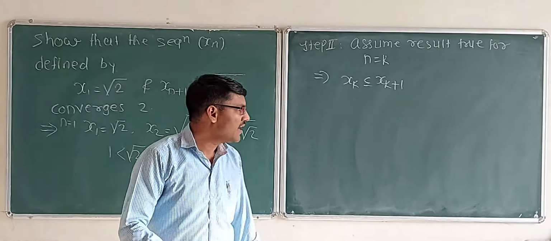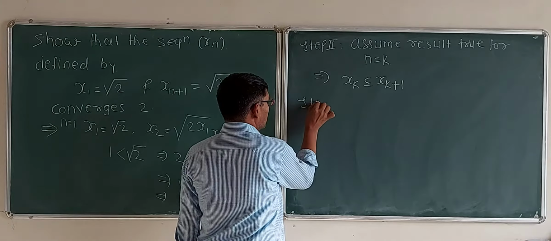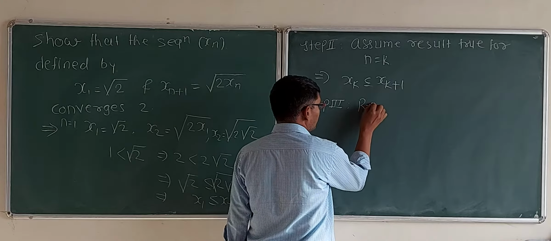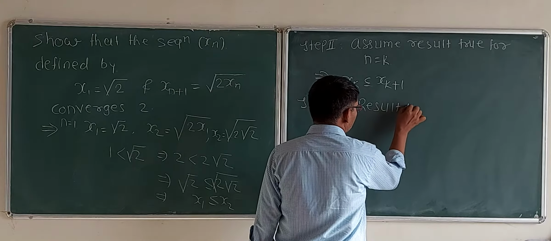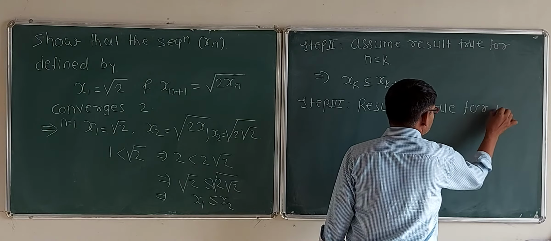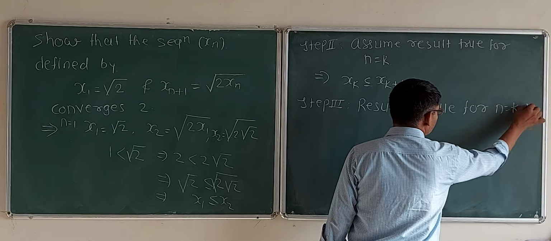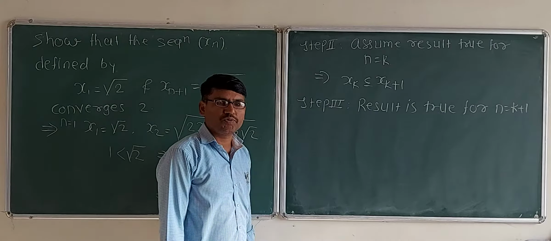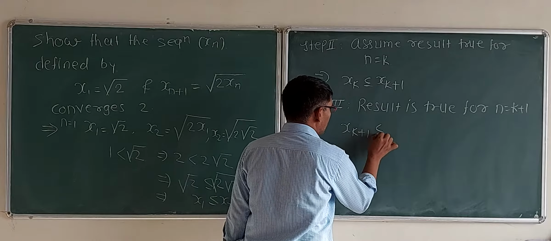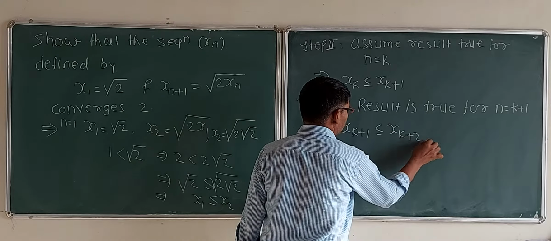We assume this, and in step number 3 we want to show that the result is true for n equal to k plus 1. That is, we want to show xk plus 1 is less than or equal to xk plus 2.